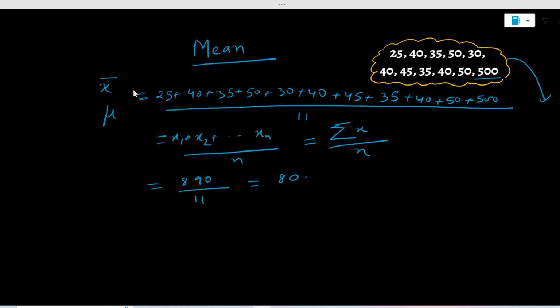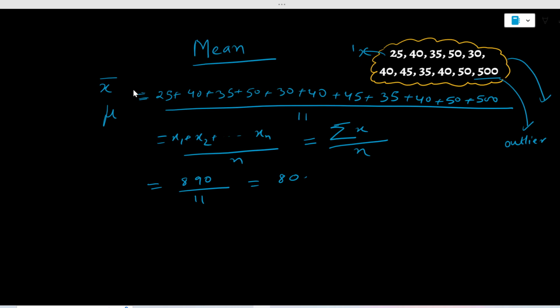And this value is an extreme value which is also called outlier. It can be on the extreme higher side or it can be on the extreme lower side as well, and these values impact mean. And so in case the data contains extreme values, mean is not the appropriate measure.